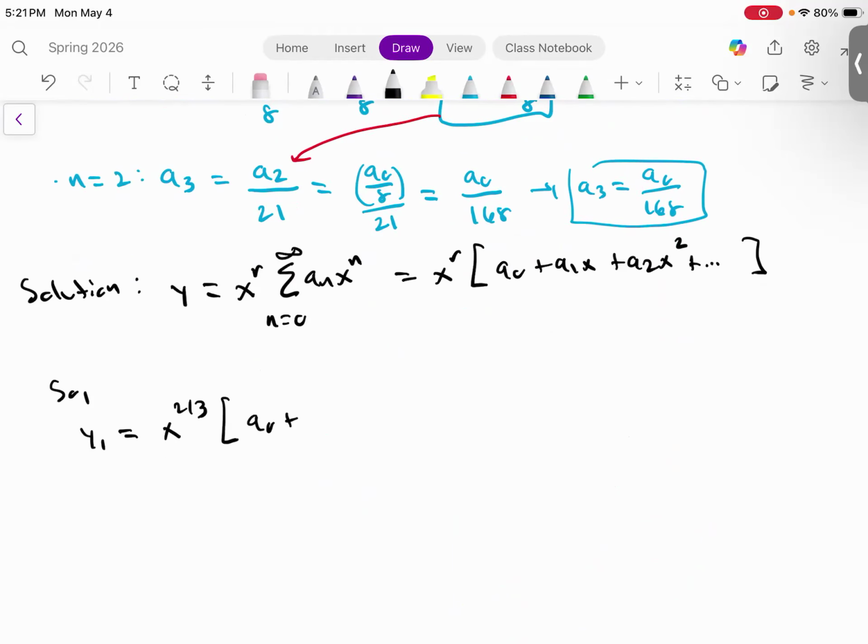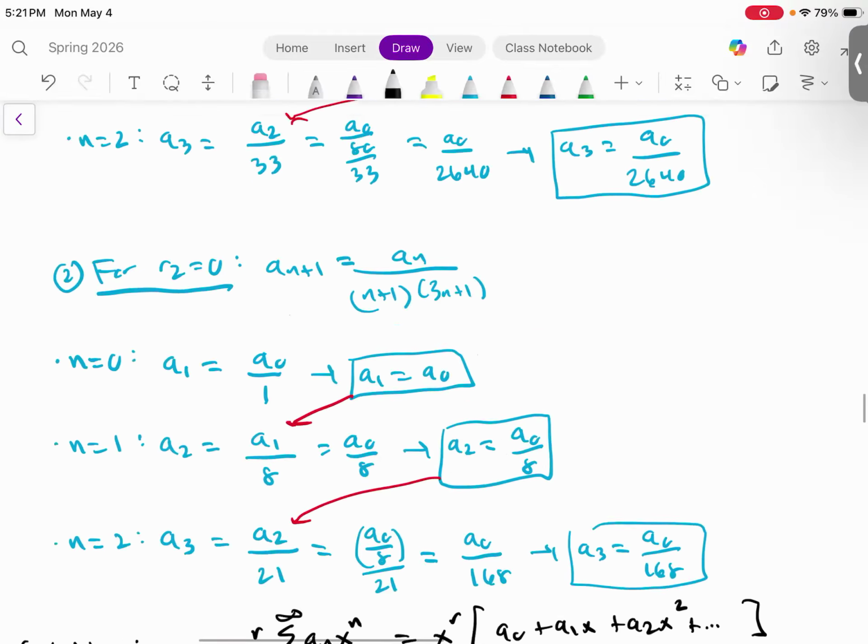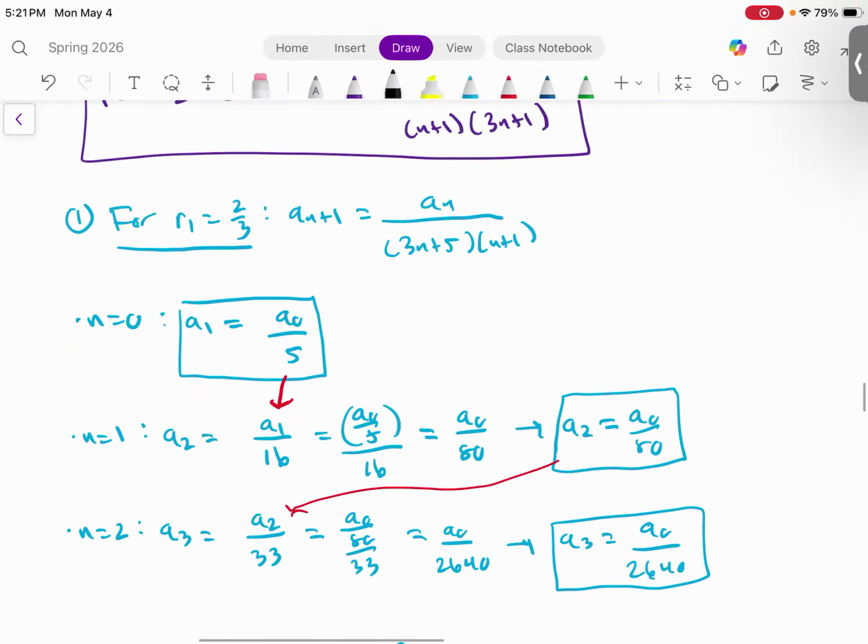A naught plus a naught over 5x, excuse me, forgot the x here. Let me rewrite that. A naught plus a naught over 5x plus a naught over 80x squared plus a naught over 2640x cubed. And we stopped there. So we can put dot, dot, dot. All right, that's our first solution for our first recurrence relation.